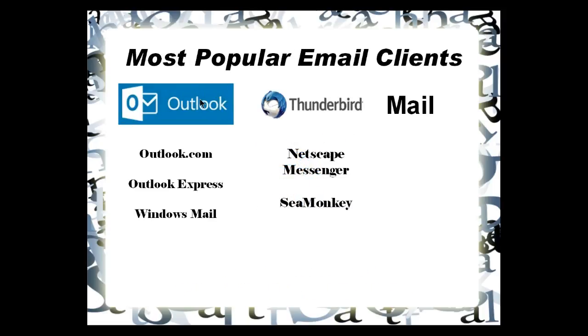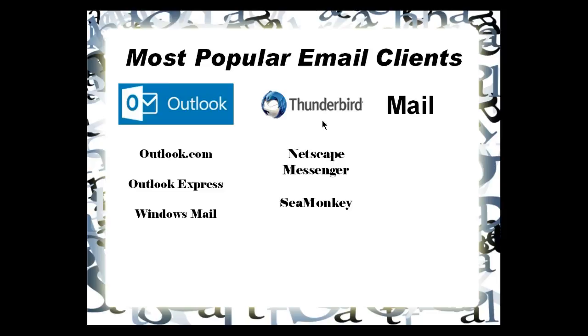Okay, again, Outlook, and there are various versions of Outlook. Outlook.com is the most recent thing. That's where you're getting email addresses today. There was Outlook Express, which was more like Thunderbird, and Windows Mail, which was part of 7 and Vista.